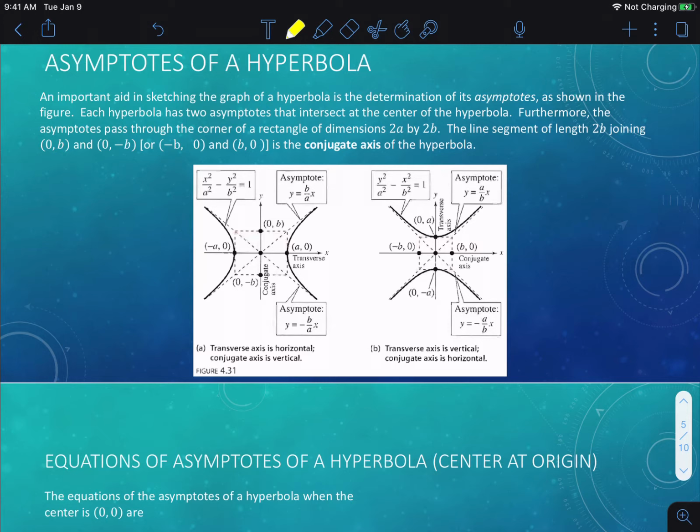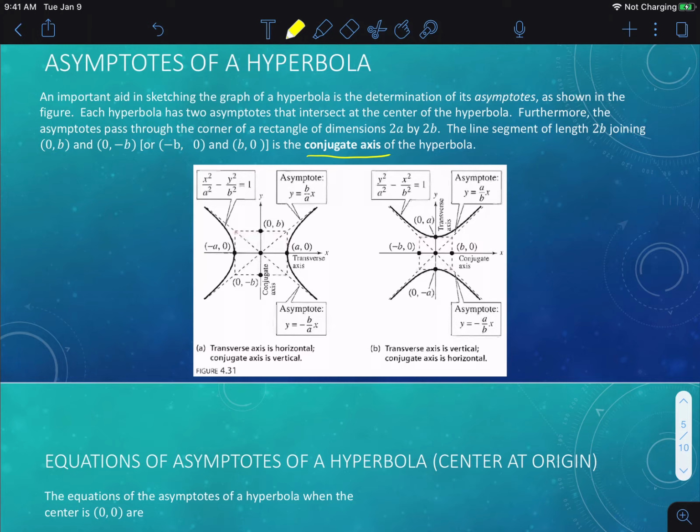Furthermore, the asymptotes pass through the corners of a rectangle, or we call this the box, with the dimensions of 2a by 2b. The line segment of length 2b joining (0, b) and (0, -b), or (-b, 0) and (b, 0), is what's referred to as the conjugate axis of the hyperbola.